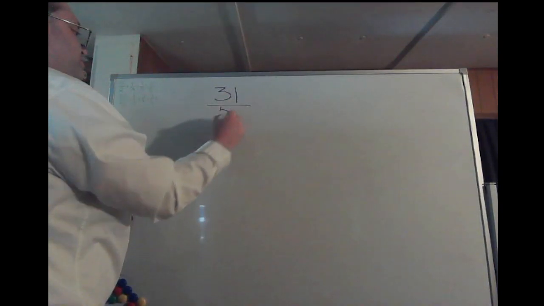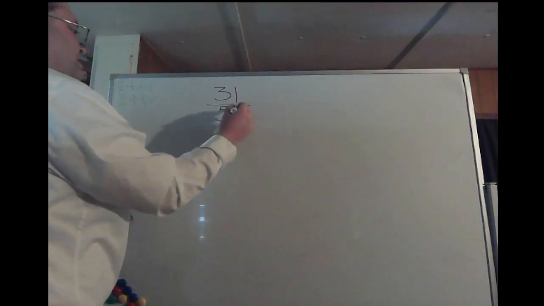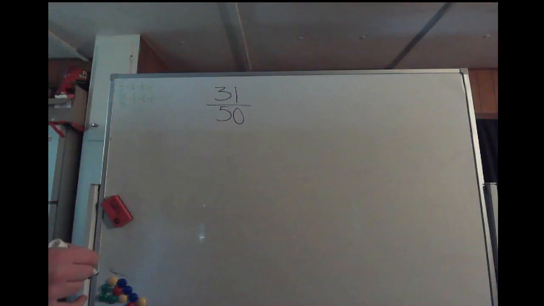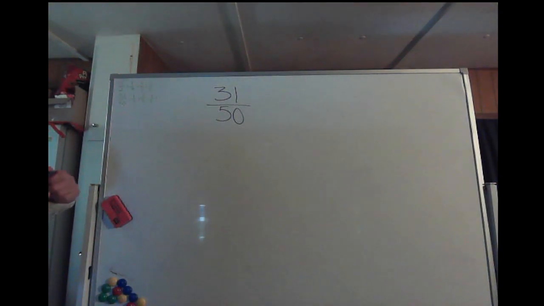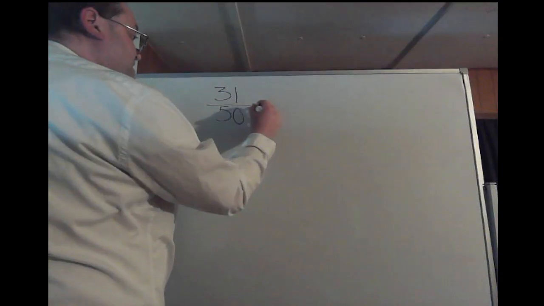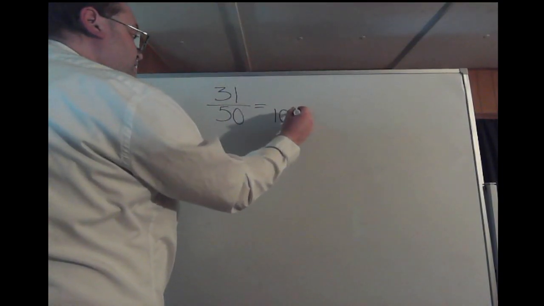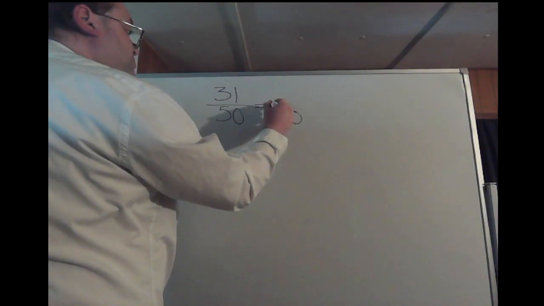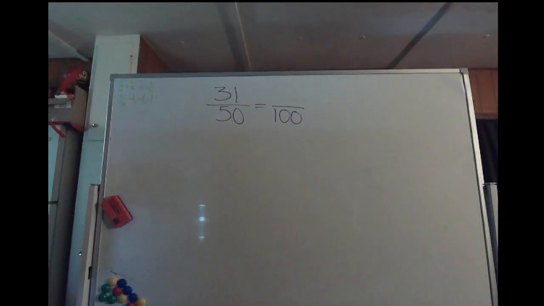Now what about 31/50ths? This may not be one you commit to memory per se, but it's good for demonstration purposes. 50 goes into 100 twice. So if we do 50 times 2, you'll get a denominator of 100. But we also got to multiply the numerator by 2. 31 times 2, well, that's going to be 62.